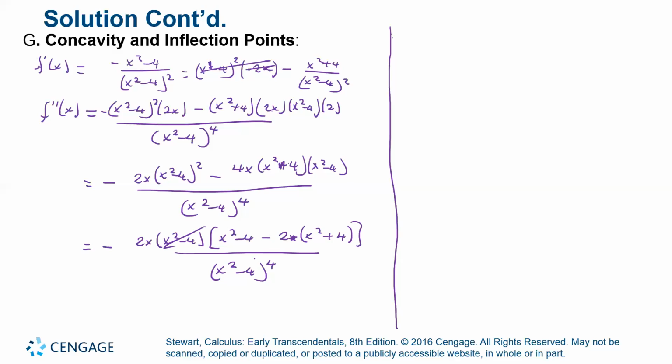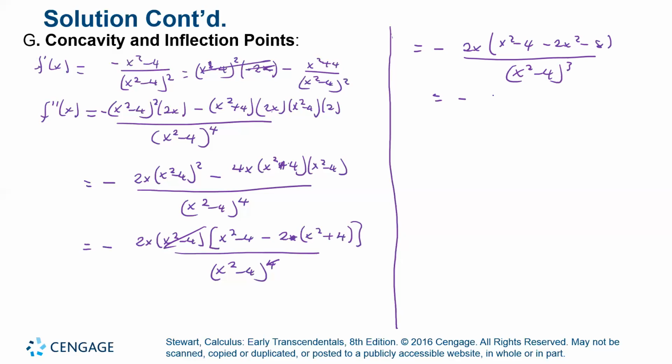See that one, this will cancel one of these, and there's a negative there: minus 2, and if we redistribute this, in the brackets there will be x squared minus 4, minus 2x squared minus 8, and then divided by x squared minus 4 all to the third.